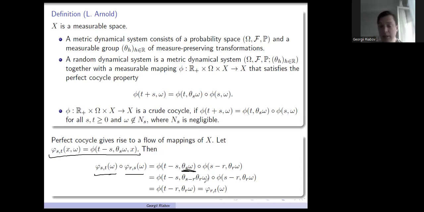And then we use the perfect cocycle property with omega replaced by theta_r of omega. Hence, we get indeed the flow property for phi. So the composition of phi_{rs} and phi_{st} equals phi_{rt}.